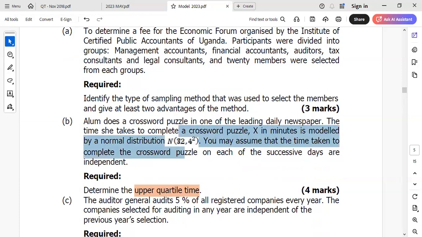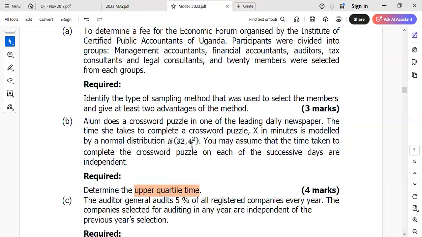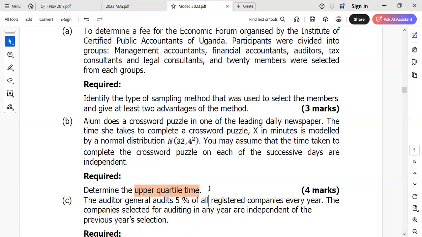Now you're given the mean, that is 32. Then you're given the standard deviation as 4. You are supposed to determine the upper quartile time.